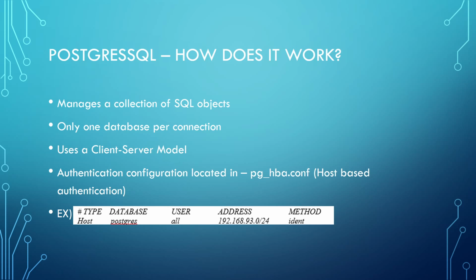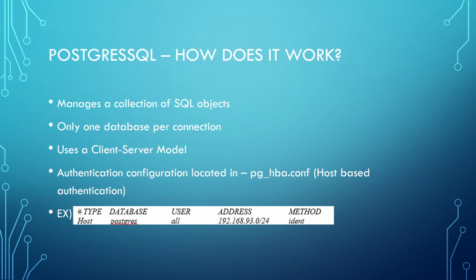A given record within this file specifies the connection type, the database accessible to a user, the username, and the IP address if configured that way, along with the authentication type selected and the authentication option that's allowed. An example entry that can be found within the pg_hba.conf file for an allowed connection is shown here.